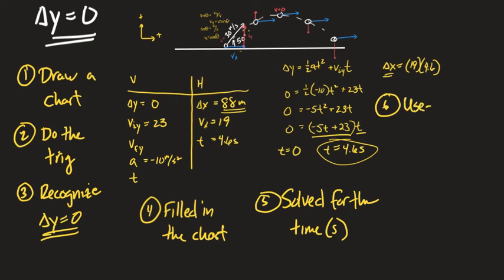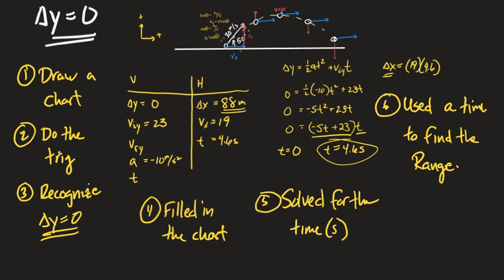We used a time to find the range. These were the steps that we did to do this problem. You can see it if you're looking for it. But if all you have is a bunch of numbers and equations, you might not be able to get there.